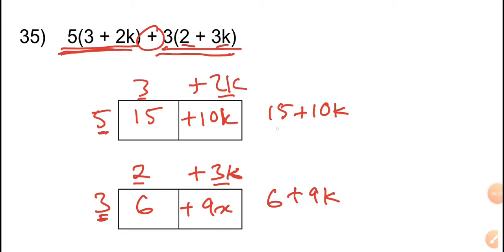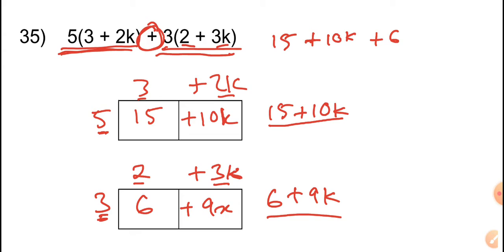So now we have to do this and this because we had a plus sign there. So 15 add 10k, add 6, add 9k.